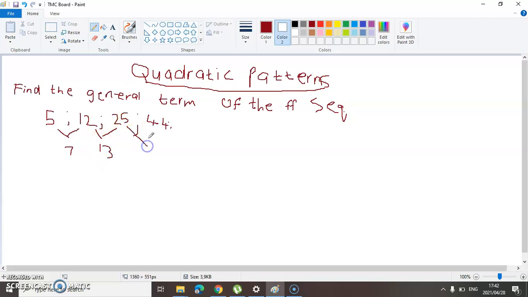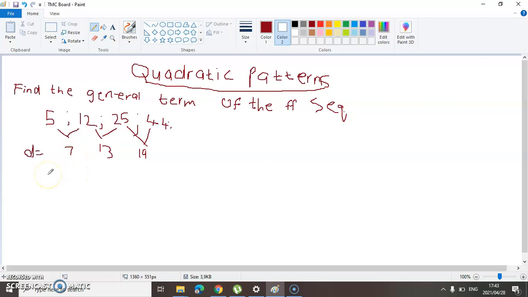Then 44 minus 25 gives you 19. We call this d, which means the first difference. You can call these d1, d2, d3, and so on. All right, so you're looking for the first difference.